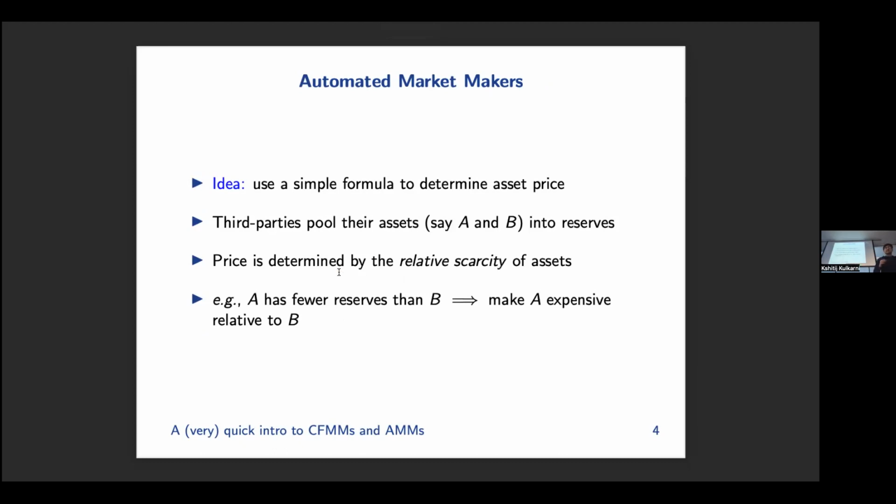And the price is determined by the relative scarcity of these assets. So suppose you have fewer apples than oranges, then apples should be made more expensive in orange terms. So you should make A more expensive relative to B if A has fewer reserves.